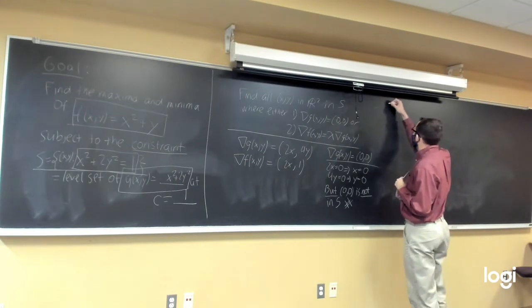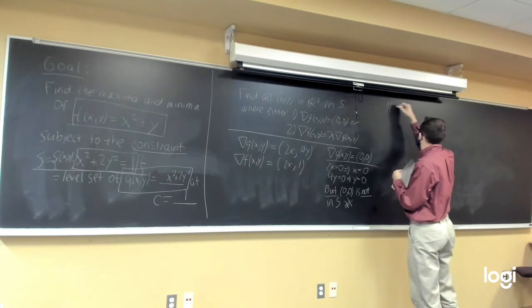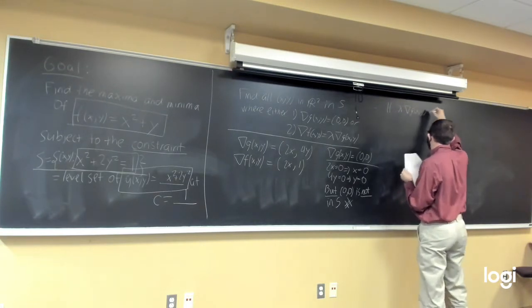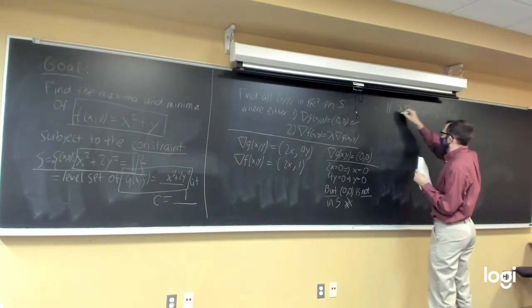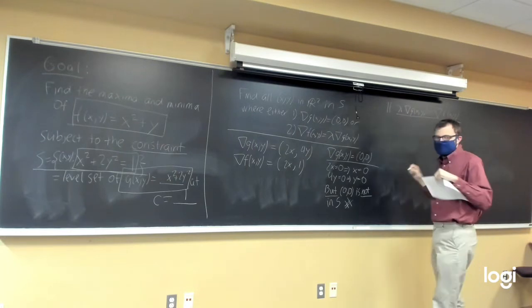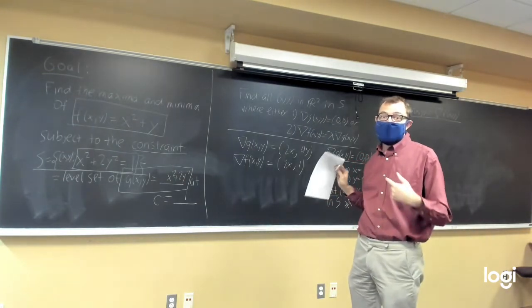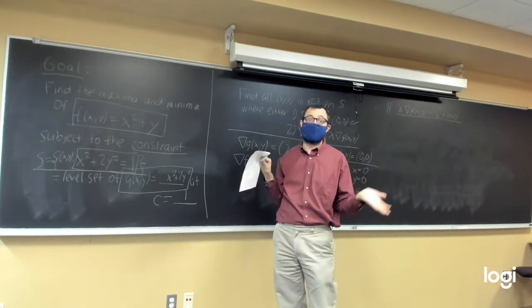So we need to find x, y such that the gradient of g times some scalar multiple is going to be equal to the gradient of f. So let's see. Lambda can be any scalar multiple. We just need to know at what points the gradient of f and gradient of g are going to be scalar multiples.